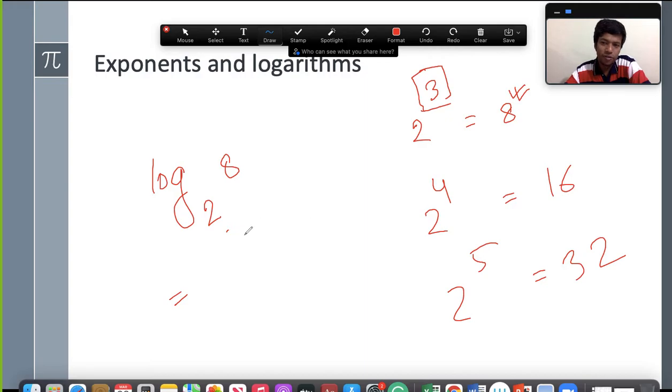How do we know the answer is 3, and how does it work? When you have a base and some number, the question you should ask is: what power of this number will make it 8? In this case, what power of 2 will give us 8? The answer is 3.